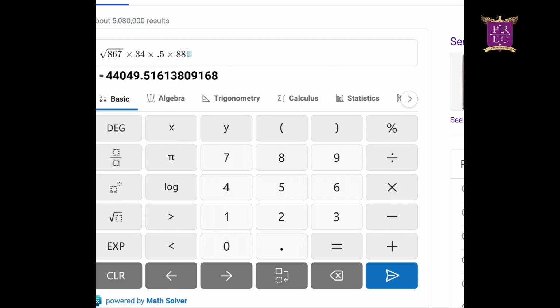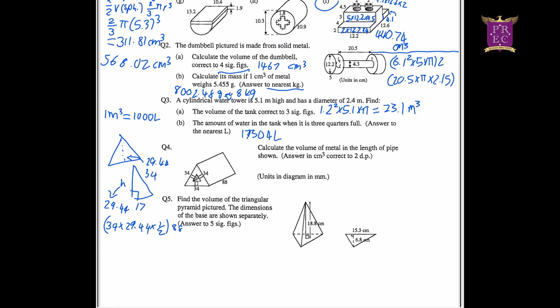This gives us 44,049.52. Okay, let's write that down. This full thing is 44,049.52. Remember, this is in cubic millimeters.